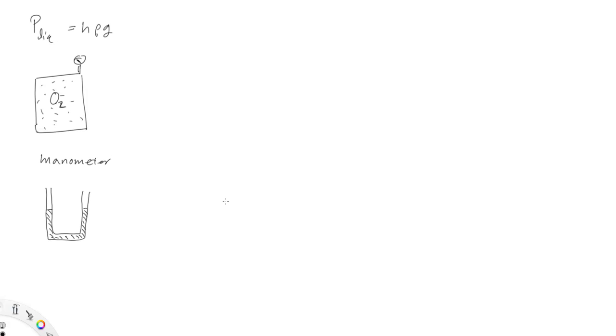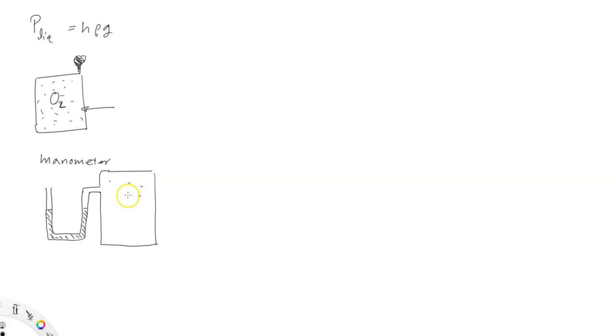Now what we do is, one end goes to the gas tank where we want to measure the pressure. So here's the gas tank, and we connect the tube here. Now one end is connected to that. Alright, so I need to redraw this diagram.